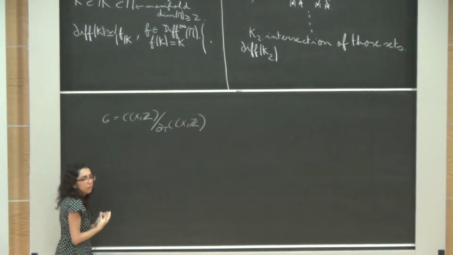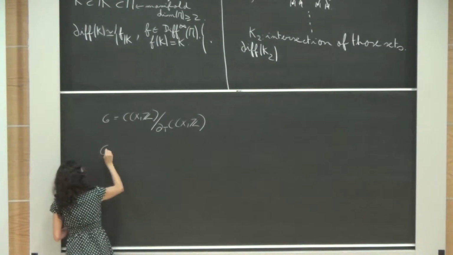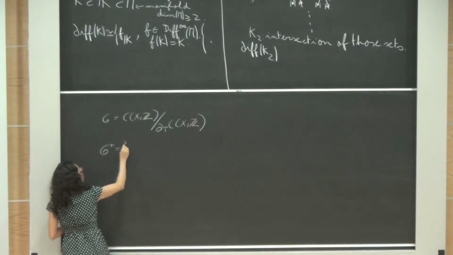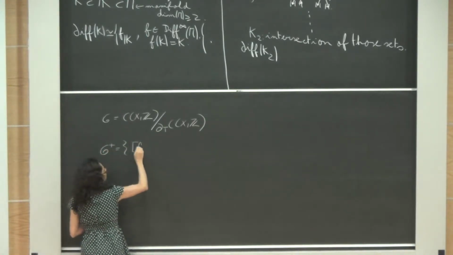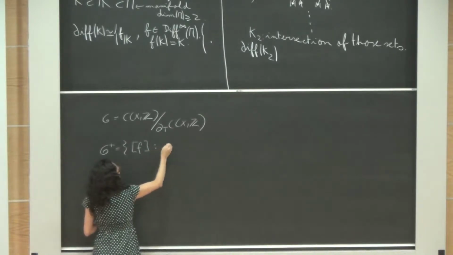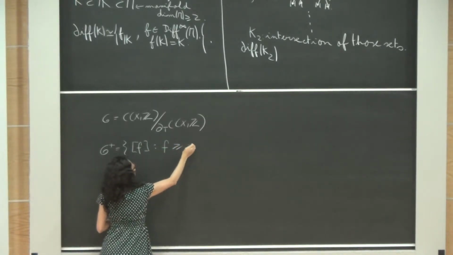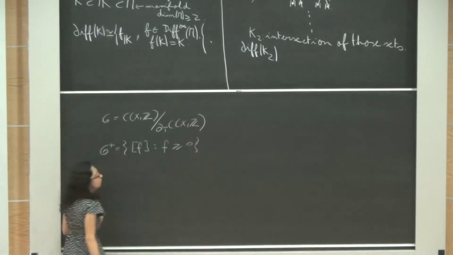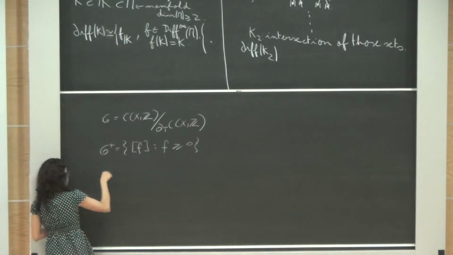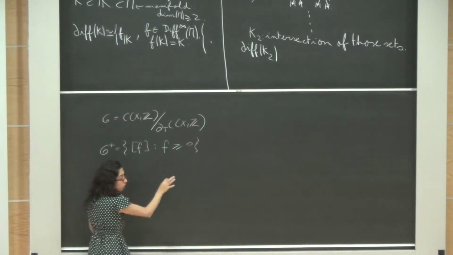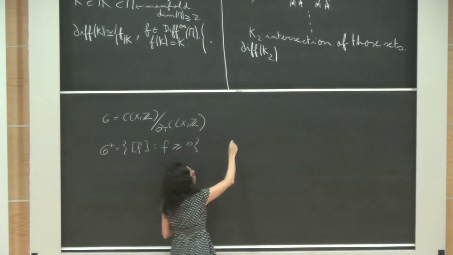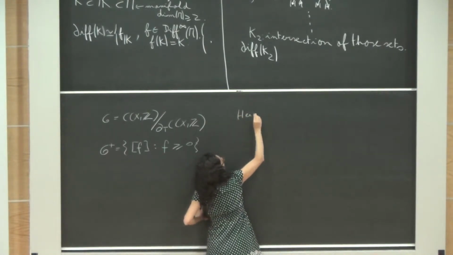And we are going to call G plus the equivalence classes of the non-negative functions. And we can prove, this is all the things that I'm going to talk about today, they are all also in Herman, Putnam, Skau. I forgot to say this.